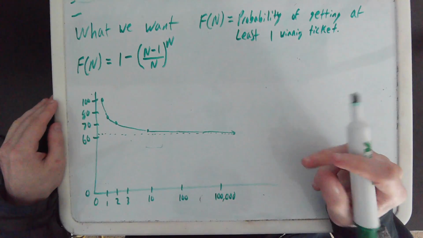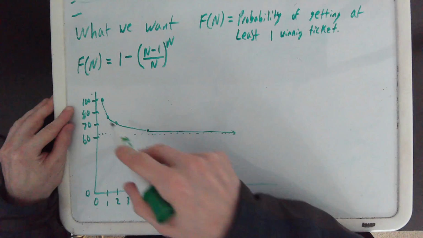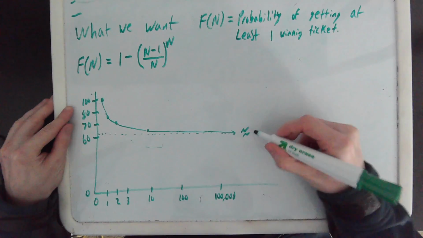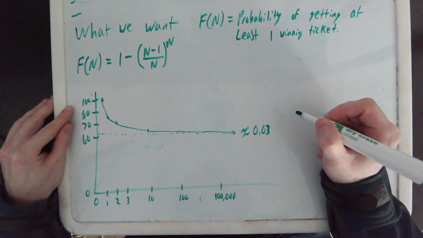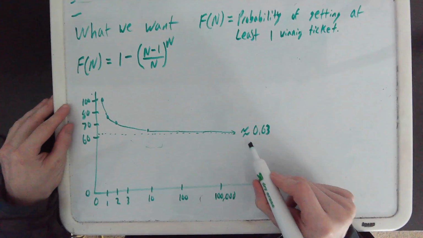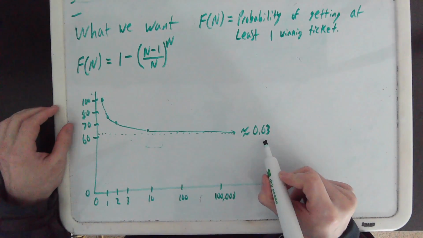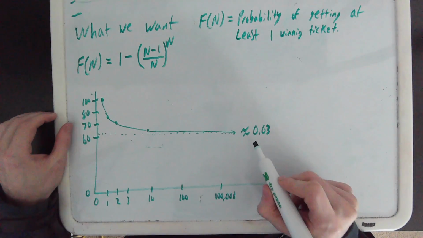So what's really interesting is that it has this behavior of asymptotically approaching some value. And this value is around 63%. And again, there's nothing obvious about this 63% number, and there's also nothing obvious about this asymptotic behavior as well.